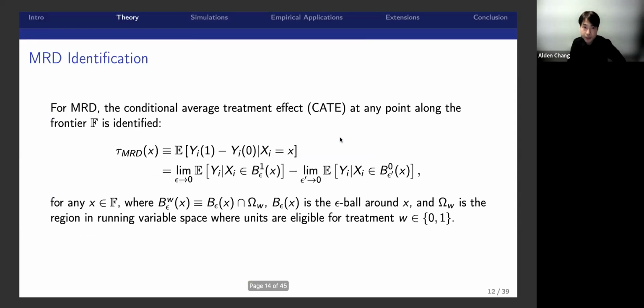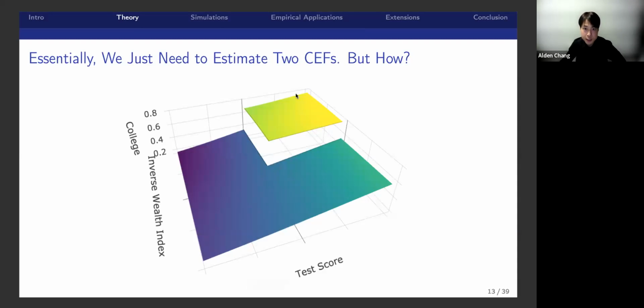So how do we estimate it? First, we need to estimate the CEF, the conditional expectation function of outcomes as a function of the two running variables, in the region of the running variable space where individuals are eligible for treatment, and another CEF in the region where individuals are not eligible for treatment, and then we'll take the difference.